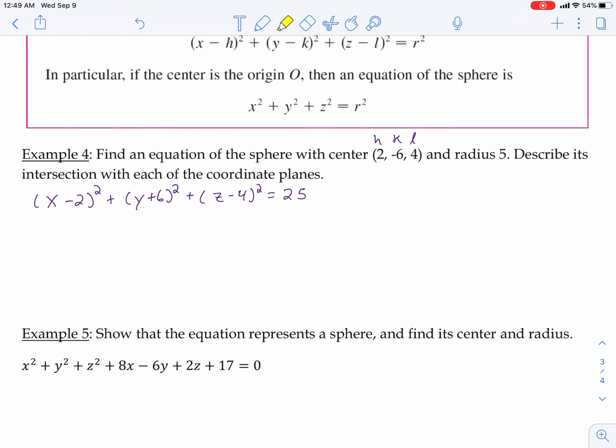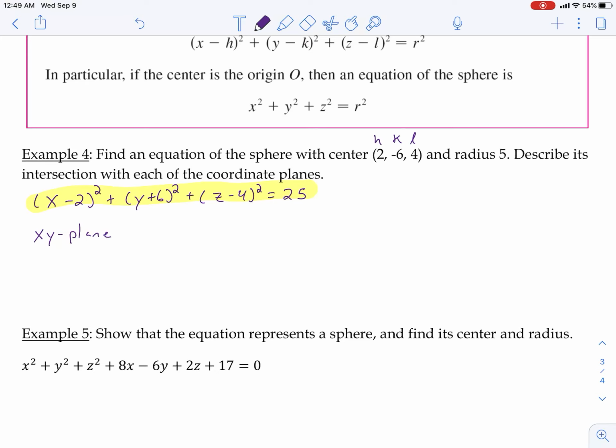So there's our equation of a sphere. And now what we're going to do is describe the intersection with each of the coordinate planes. Our coordinate planes are going to be the xy plane, the xz plane, and the yz plane.